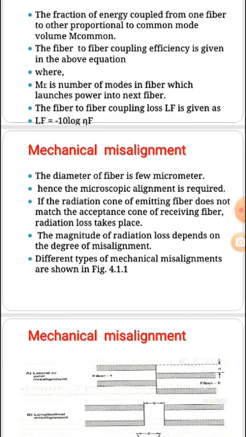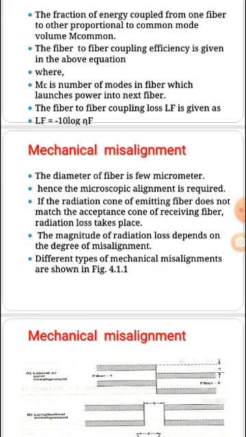We cannot connect one fiber to another fiber. A core diameter is a maximum of 100 micrometer, and cladding is a maximum of 400 micrometer. Such a small one is difficult to connect manually. This is one of the biggest problems that leads to losses. Hence, a microscopic alignment is very much important, and it is required.